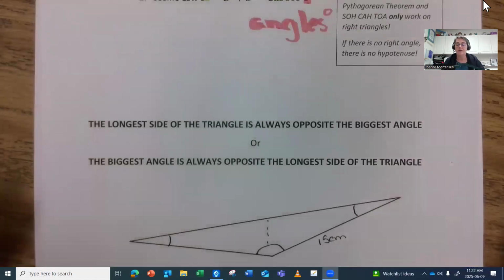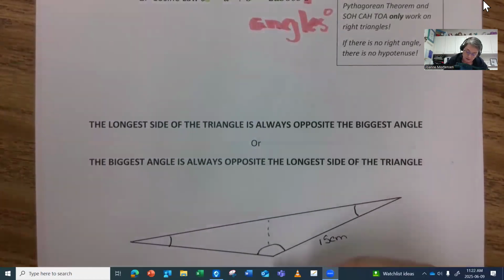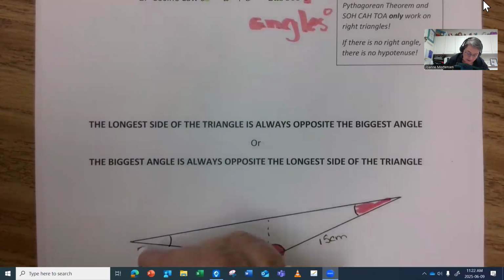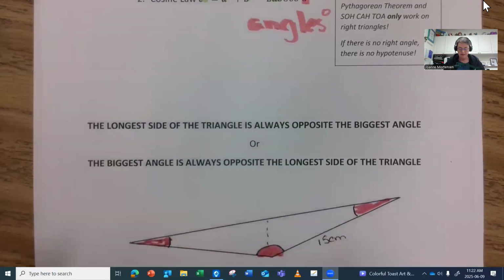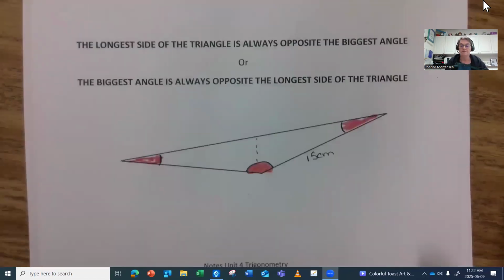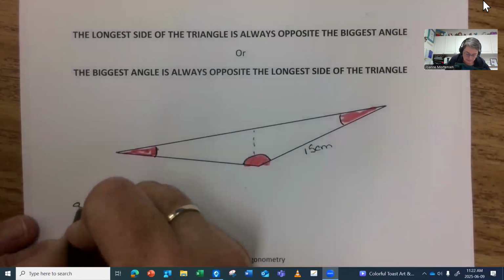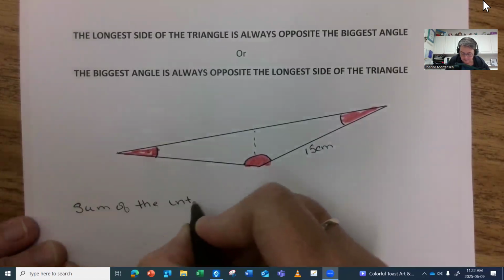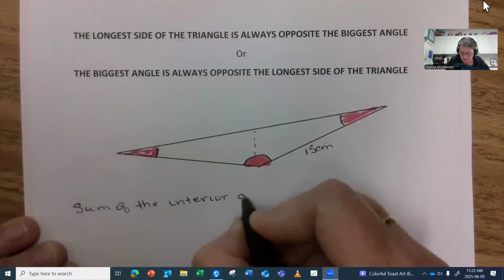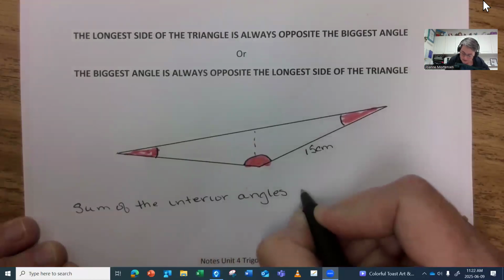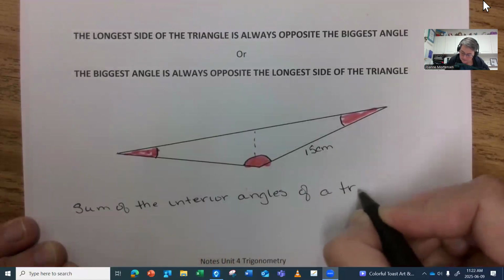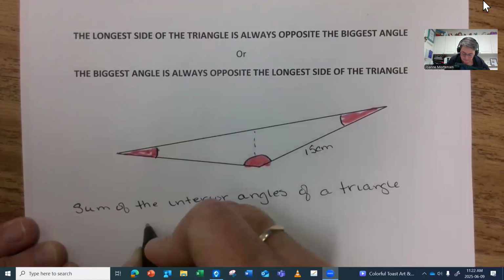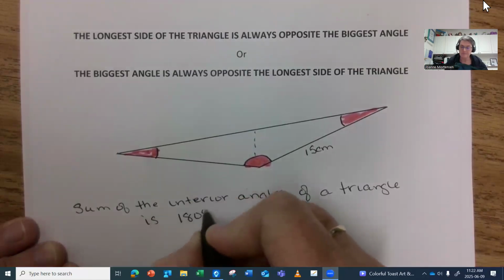One more thing about this. These are called the interior angles of a triangle. I'm going to color them all pretty. This one, this one, and this one. So the rule is, I'm going to put it underneath: the sum of the interior angles of a triangle is 180 degrees.